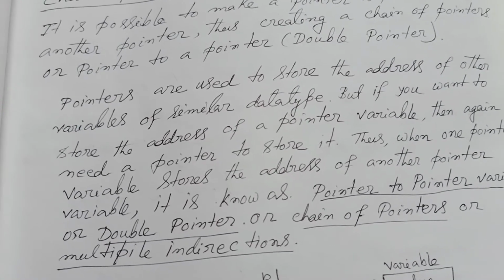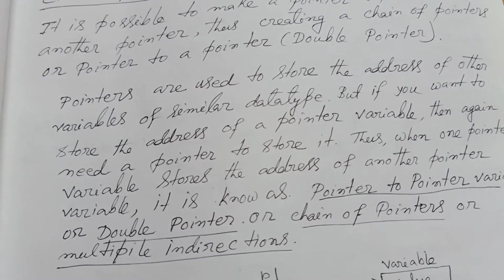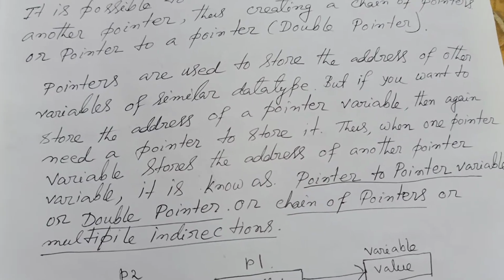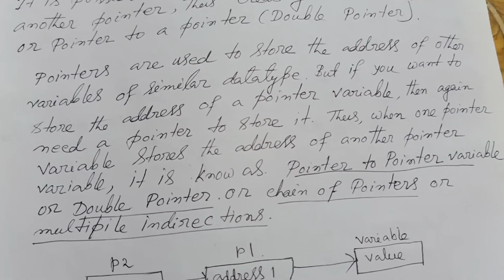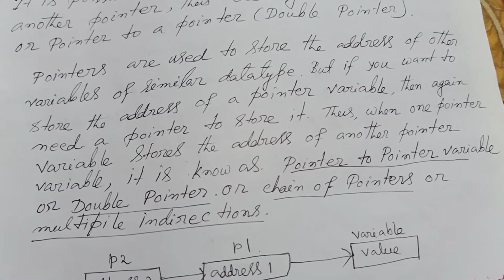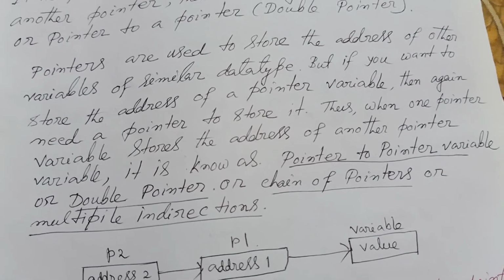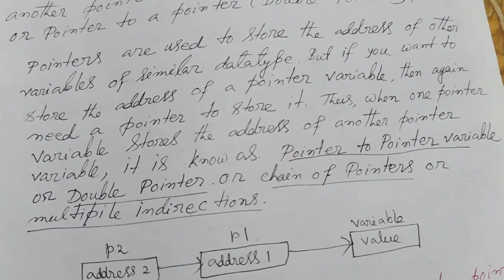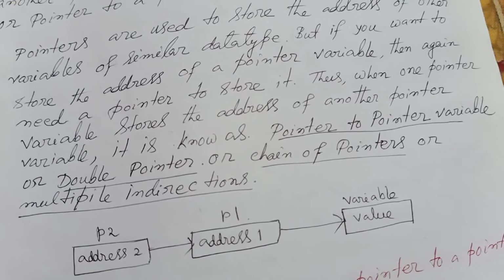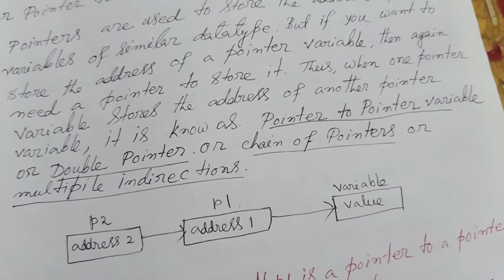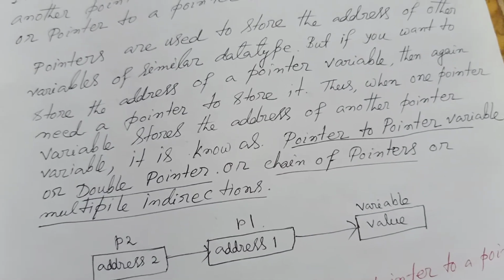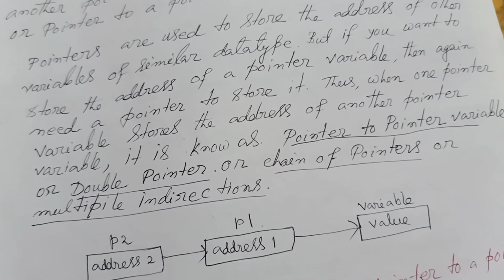But if you want to store the address of a pointer variable, then again you need a pointer to store it. Thus, when one pointer variable stores the address of another pointer variable, it is known as a pointer to pointer variable, or double pointer, or chain of pointers, or multiple indirection.